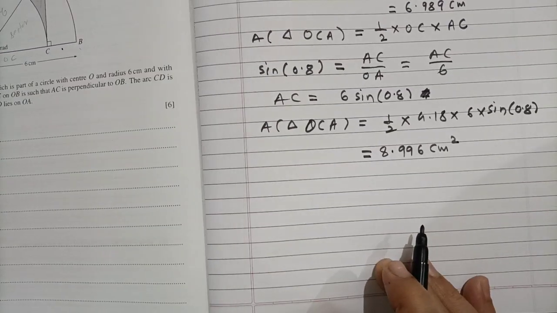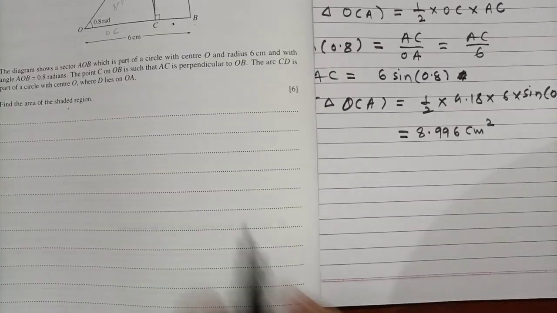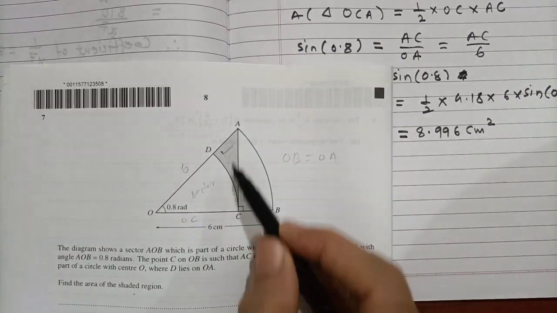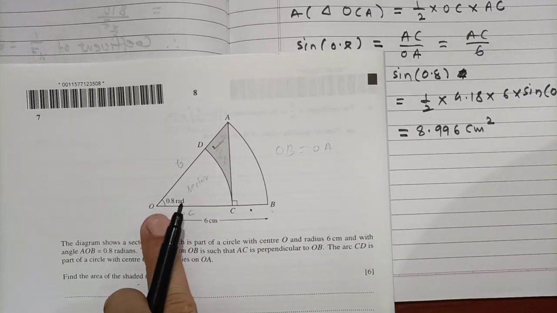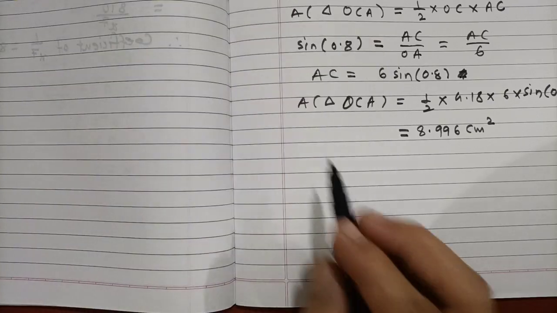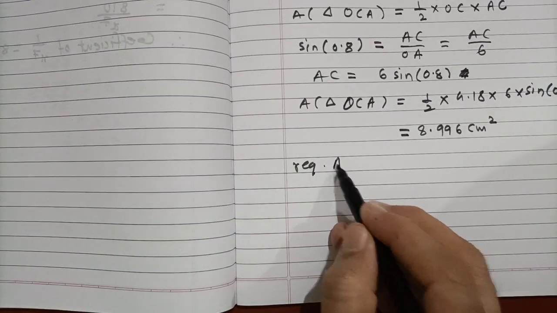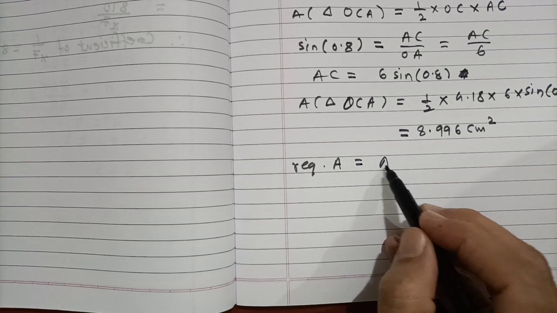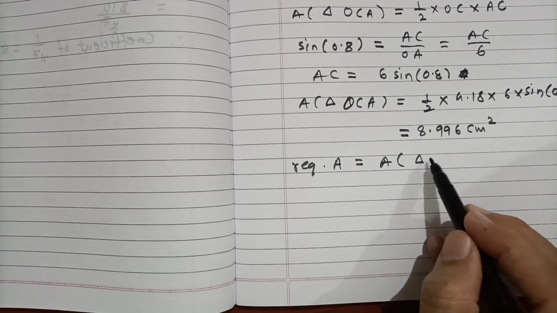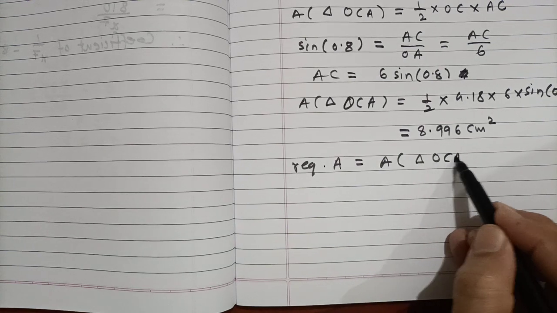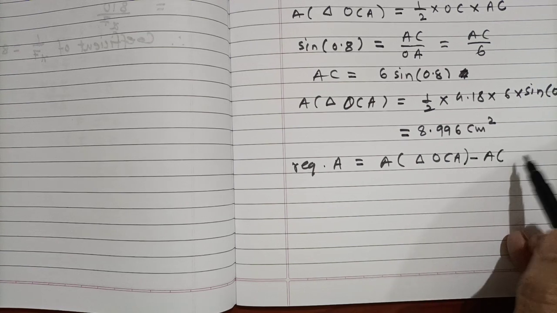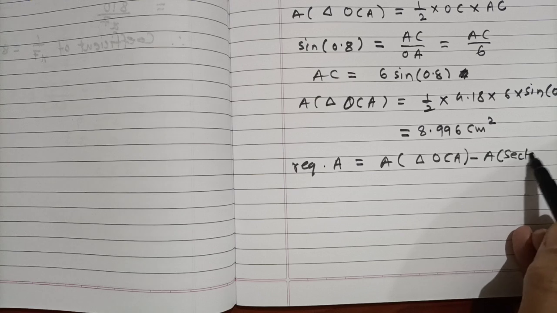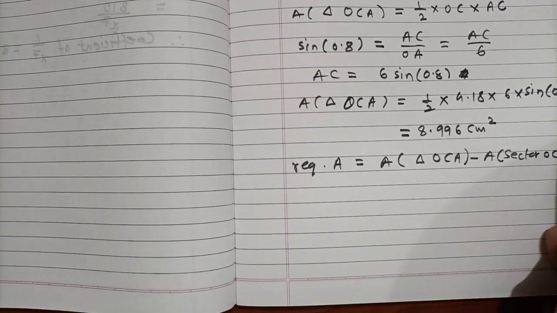Therefore, the required area is the area of this triangle minus the area of this sector. So the required area is equal to the area of triangle OCA minus the area of sector OCD.